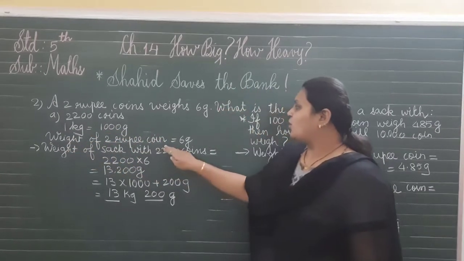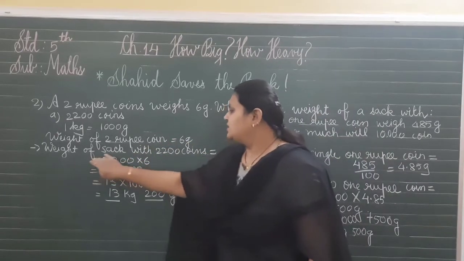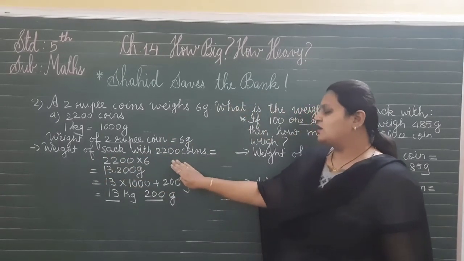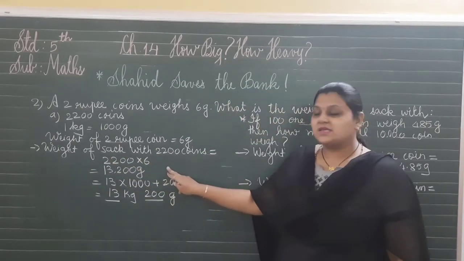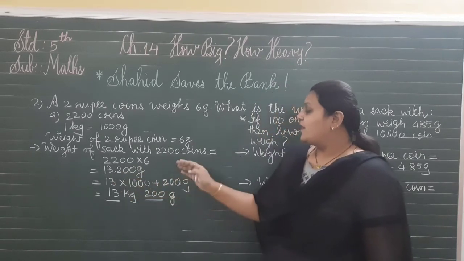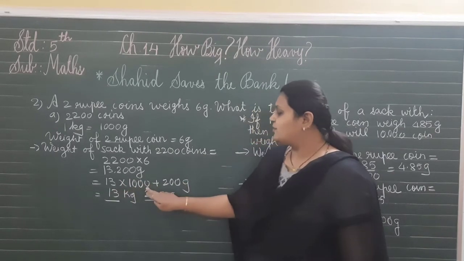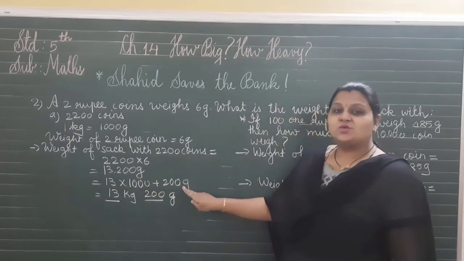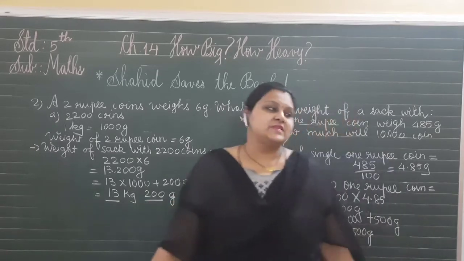Weight of a 2 rupee coin is 6 gram, given in the question. So weight of the set with 2200 coins is equal to 2200 multiplied by 6. It will be 13,200 grams. Now convert this into kilogram and gram. So 13 multiplied by 1000 plus 200 gram. That is 13 kg 200 grams.